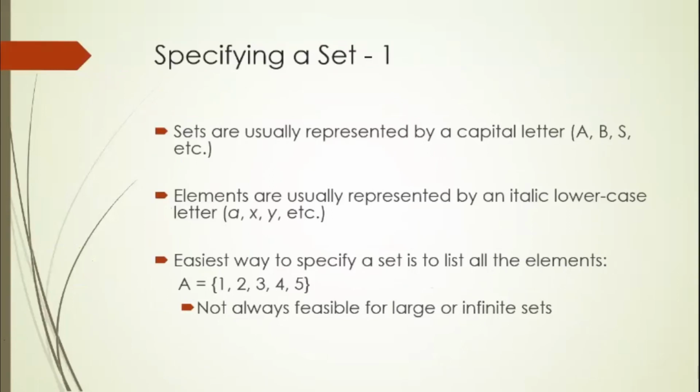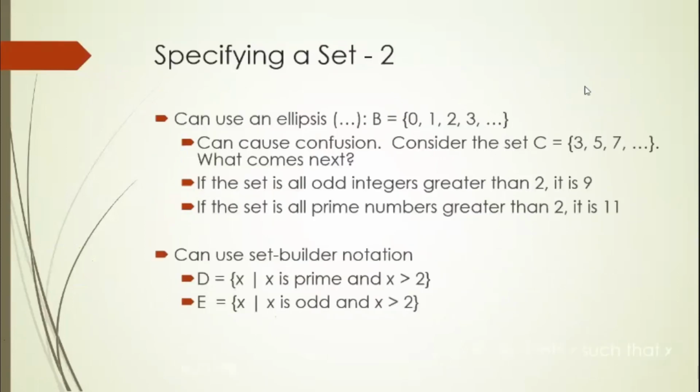It would be very impractical for you to list all the numbers from 1 to 100 million. So what will we do in order for us to be able to express that value? What we can do here is use the ellipsis, or your three dots. So we have here an example.